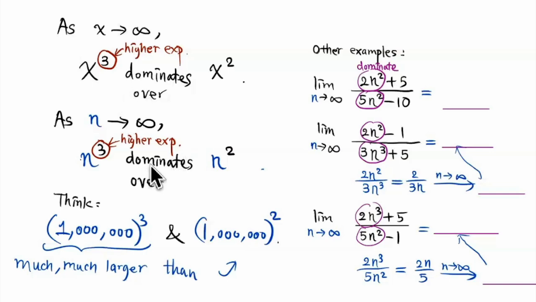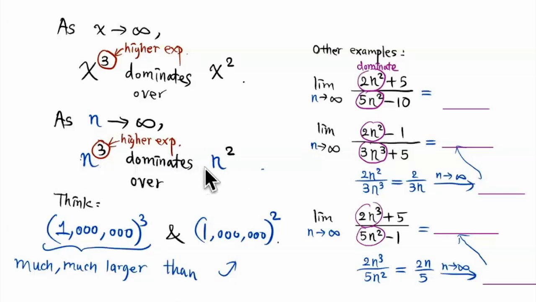Now, when I say dominating trend, what do I mean by dominating? For example, when n goes to infinity, n cubed is going to dominate over n squared, right? Because think about n being, say, 1,000. 1,000 cubed and 1,000 squared. This is so much bigger than this. And when n is maybe a million, a million cubed and a million squared, this is much, much bigger than this, right?